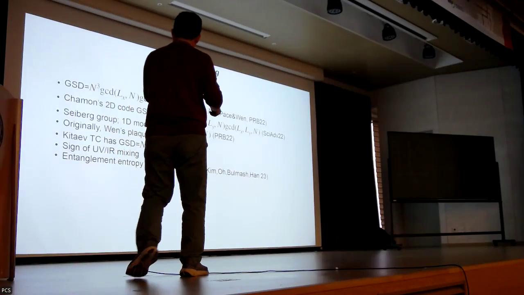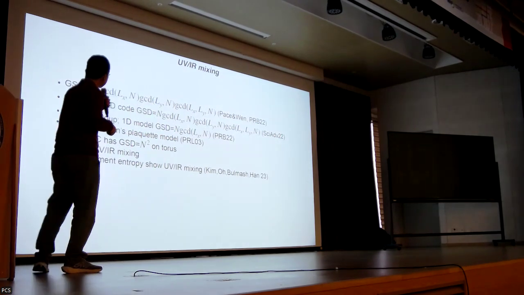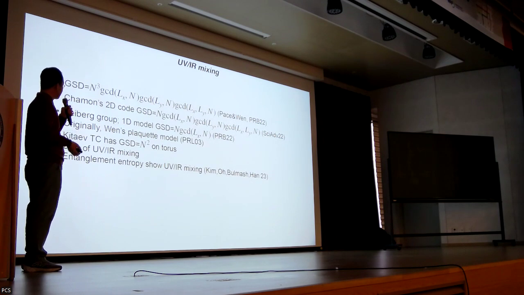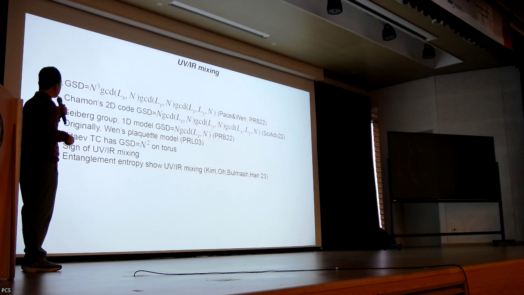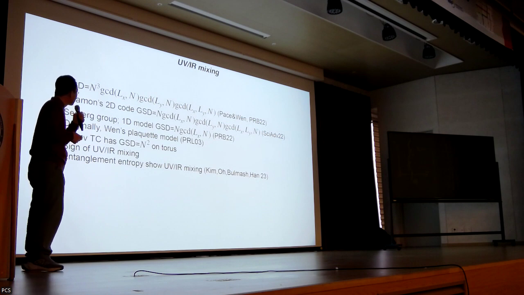And this very nice formula was first worked out by Pace. Right afterwards, as I mentioned, there were a few other models. Or maybe this model is earlier than Pace. Anyway, they were very concurrent.